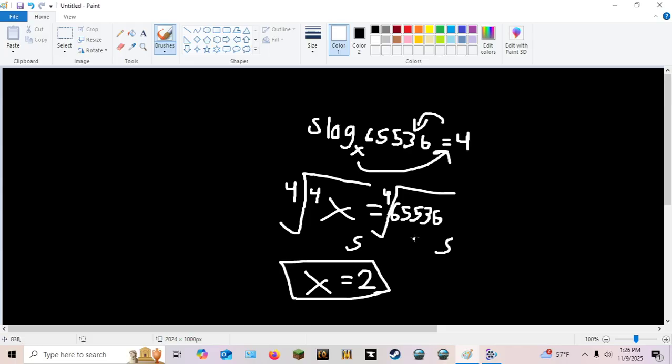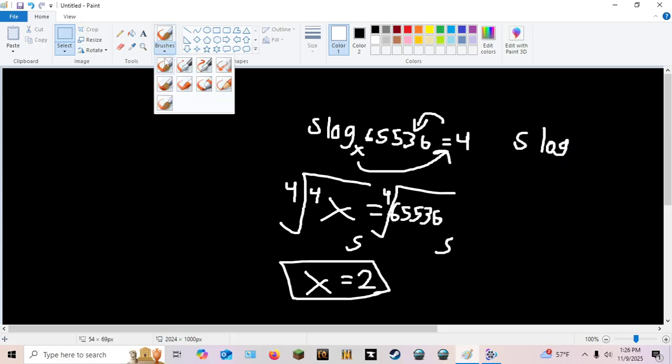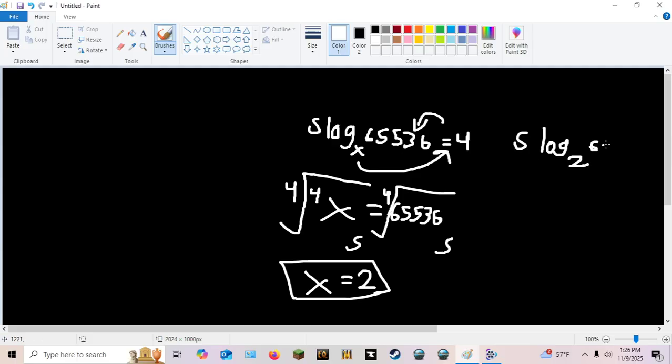x is 2, because I can check my work. Super logarithm base 2 of 65,536 should equal 4. Let's compare that to 4.